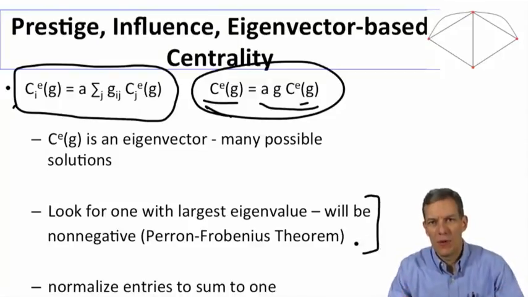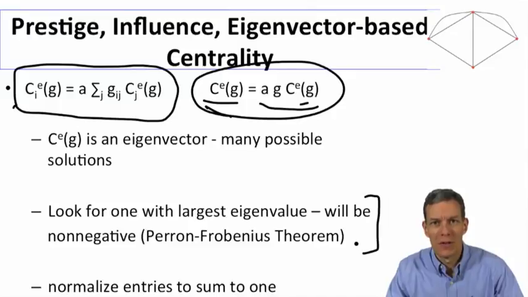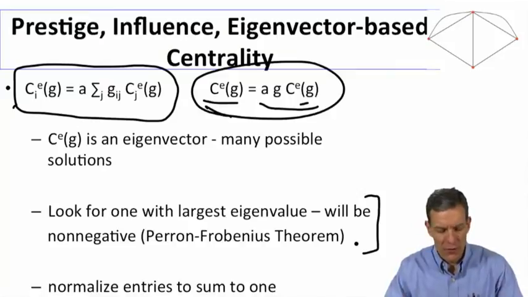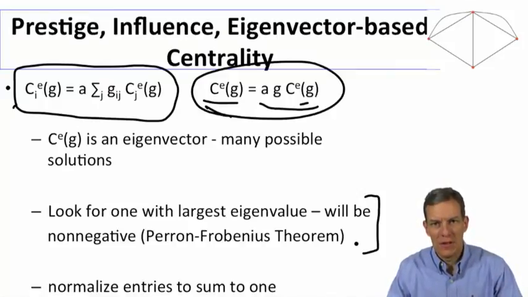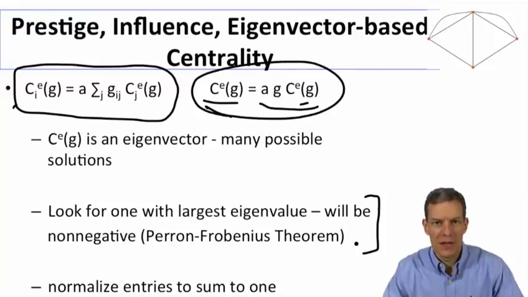There's a theorem in matrix algebra known as the Perron-Frobenius theorem, which says that if we're dealing with a non-negative matrix, then the eigenvector associated with the largest eigenvalue is going to have non-negative values. In a lot of contexts, the other eigenvectors won't make sense. They might have some negative values or even non-real values. So the convention will be to look for the one which has all non-negative real values. That's going to be the one with the largest eigenvalue.